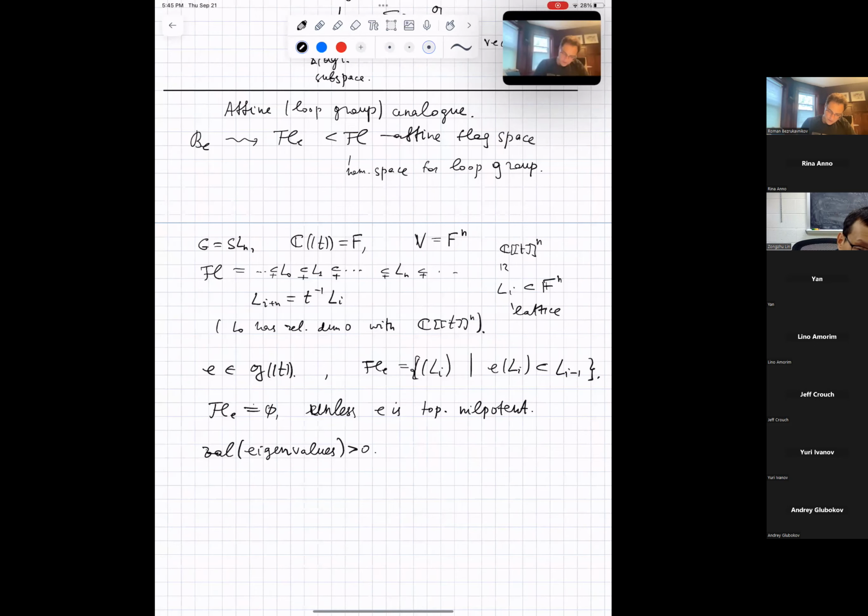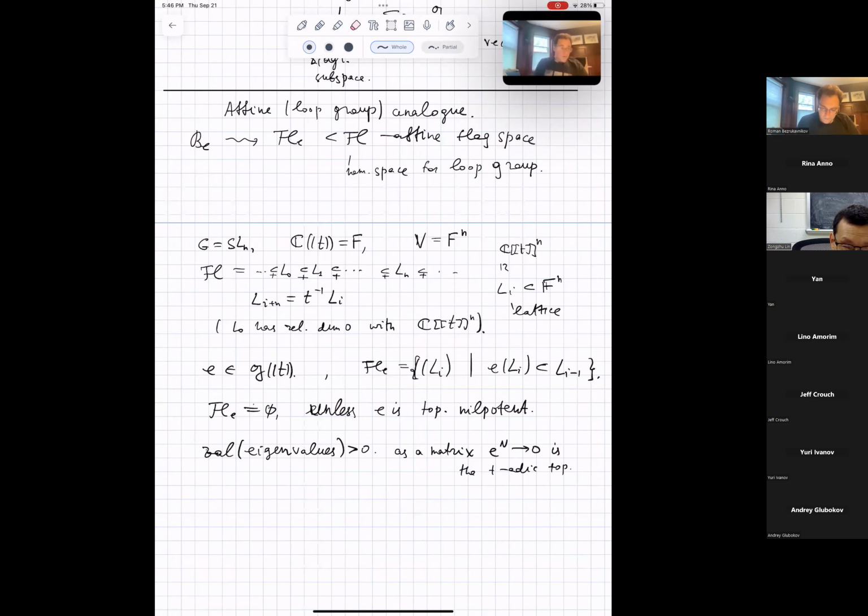In other words, as a matrix, E^n tends to zero in the t-adic topology. You see that if the matrix sends L_i to L_{i-1}, then clearly powers will tend to 0. It just gets smaller and smaller.